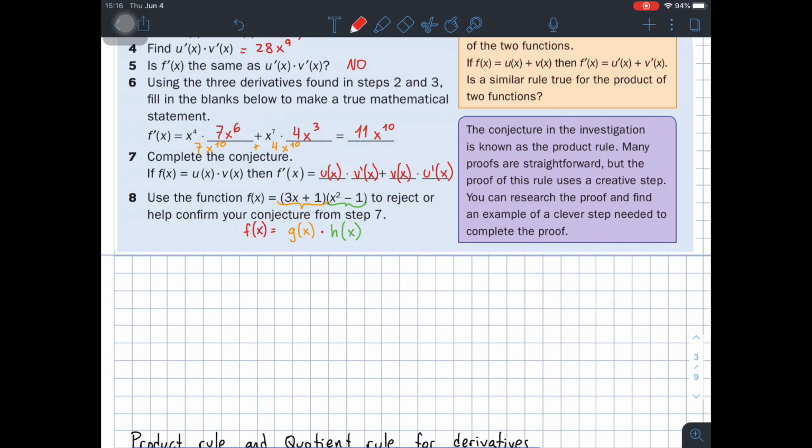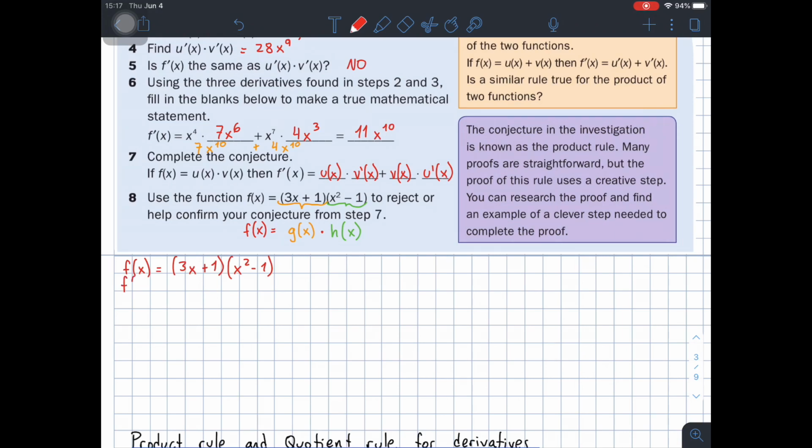Instead of doing the product rule, in this case I can do the distributive property, and then reorganize the terms and then find the derivative. So we're going to try doing that first. Let me write all of the steps just to avoid confusion. f of x is equal to 3x plus 1 times x squared minus 1, okay?